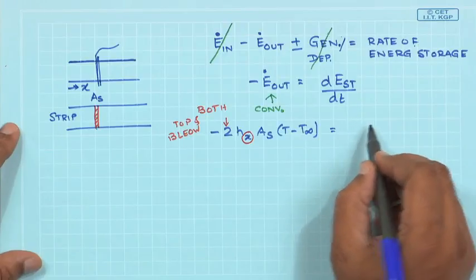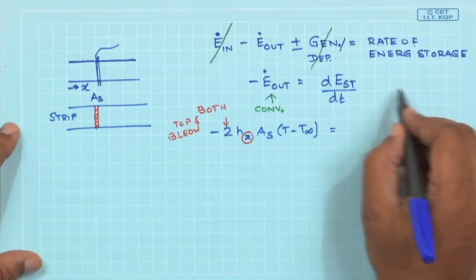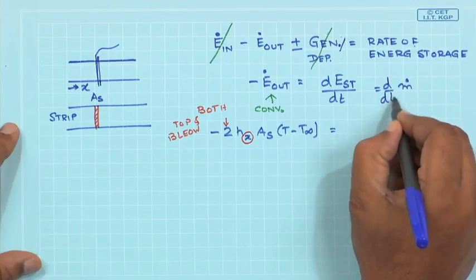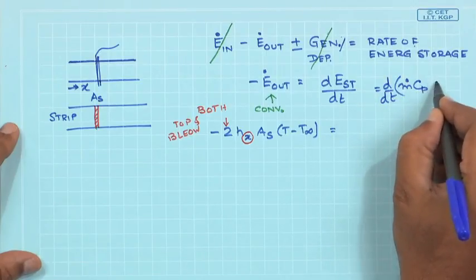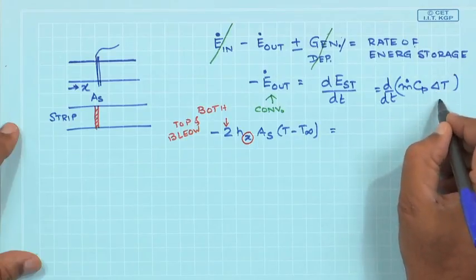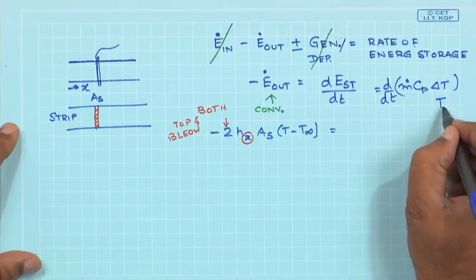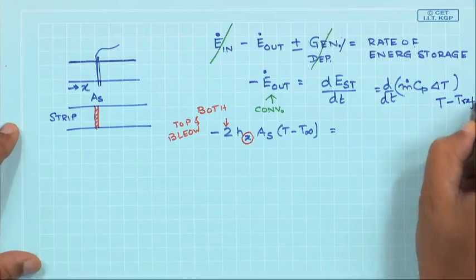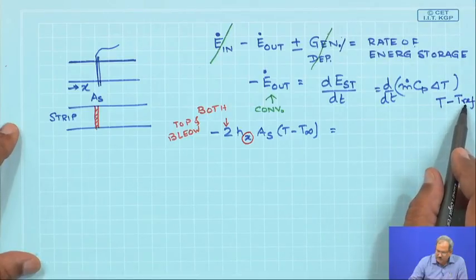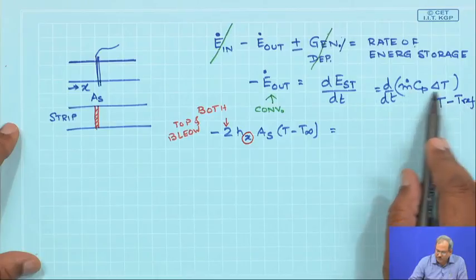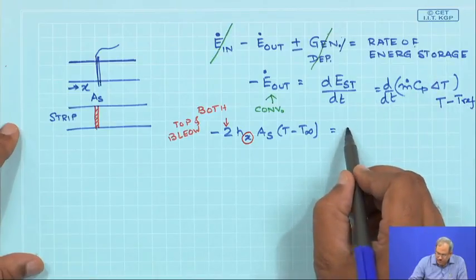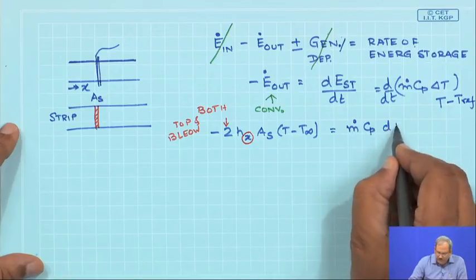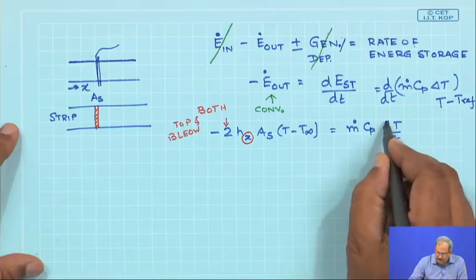The energy stored is simply d dt of m Cp times delta T, where delta T is T of the strip minus some T ref, where this T ref is a reference temperature in order to express in terms of energy. So, it should simply be m Cp dT by dt.